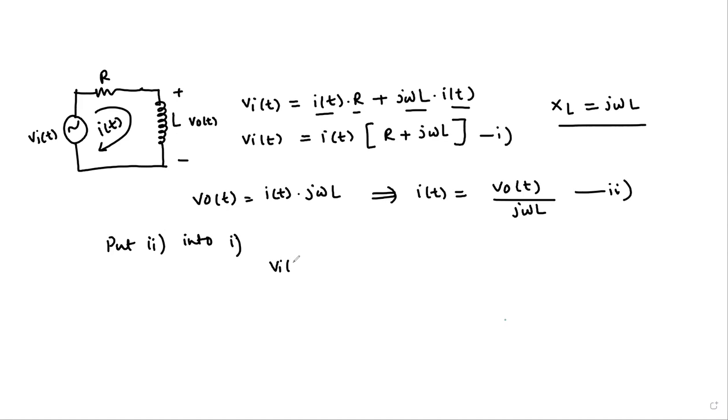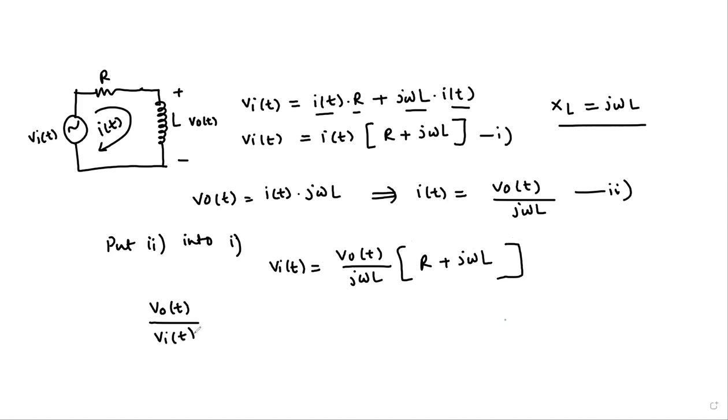We just put the value of current, that is equation number 2, into equation 1. We can write here Vi of t equals VO of t divided by j omega L, bracket R plus j omega L. With this we can get the gain of the circuit, which is the ratio of output voltage divided by input voltage.